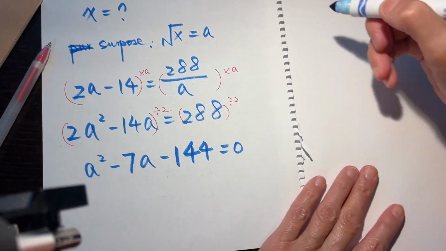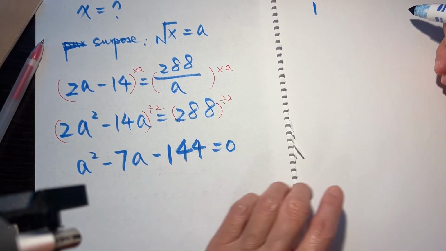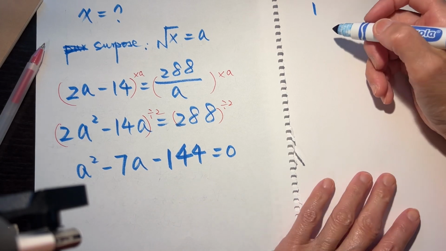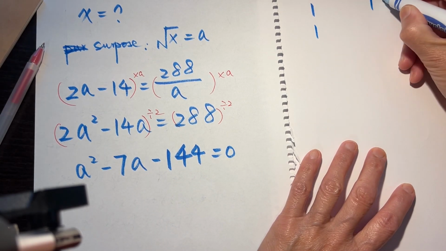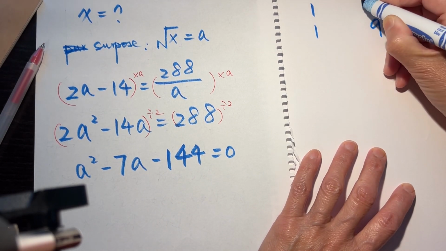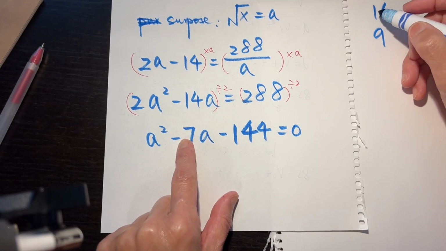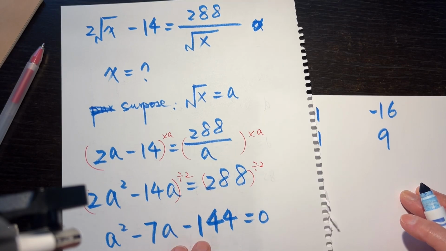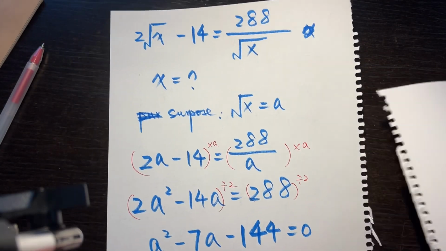So this one we can do, 144 is 16 times 9, right? 16, 9, and this is negative, so I put here a negative sign. Are you seeing what I'm writing?